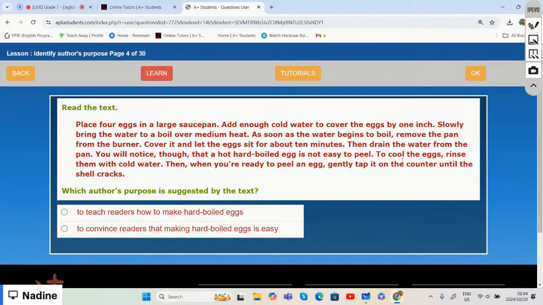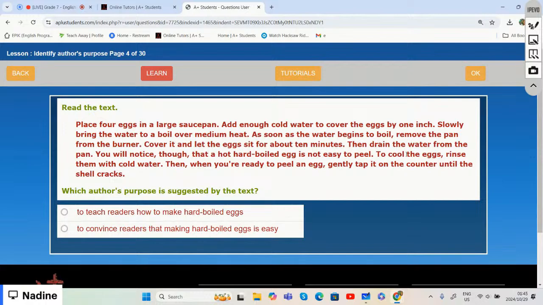All right. If we look at that text, we need to say which author's purpose is suggested by the text. Is it option one, to teach the reader how to make a hard boiled egg? Or is it option two, where they're trying to convince readers that making a hard boiled egg is easy?